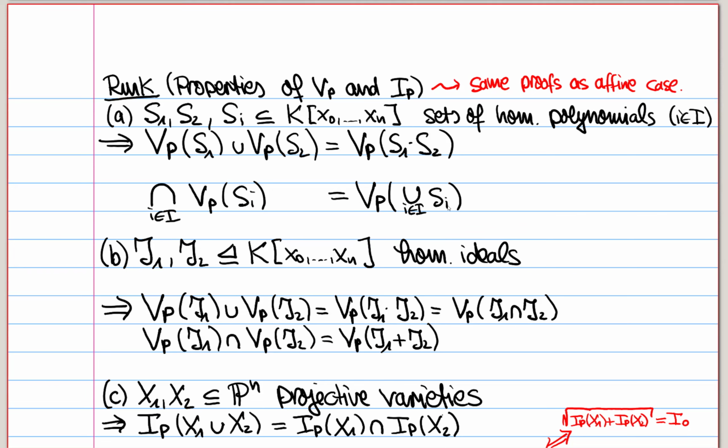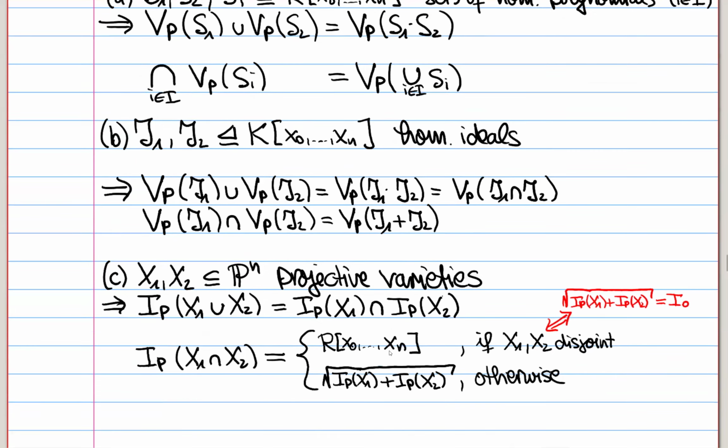There's also a variant when you start with homogeneous ideals, because the union of their vanishing loci is not just the vanishing locus of their product, as follows from here basically, but it also is the vanishing locus of their intersection. And the intersection of vanishing loci corresponds to the vanishing locus of the direct sum, or just the usual sum of ideals.